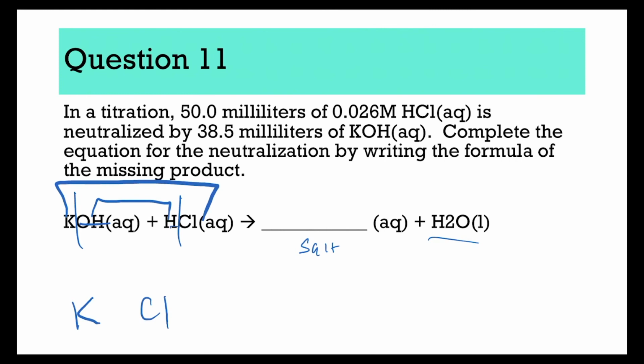K has a +1 charge, Cl is a -1 charge. Crisscross, you get KCl, and that is your salt. That's it. So generally the part 2 questions that are neutralization reactions are very, very, very simple. And it's the same ones that you've answered a bunch of times before.